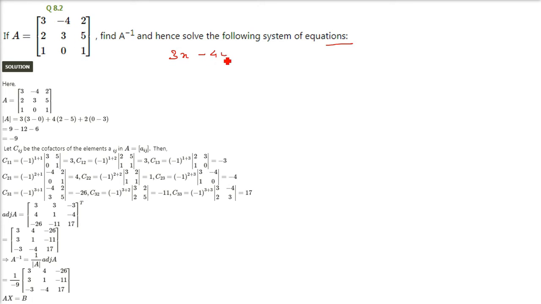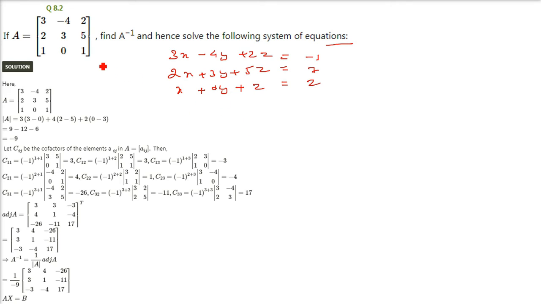So I'm making the equation. It is basically 3x minus 4y plus 2z, and 2x plus 3y plus 5z, x plus 0y, you can leave 0, plus z, and this is equal to, what is the constant value? I'll just write it here. It is -1, 7 and 2.